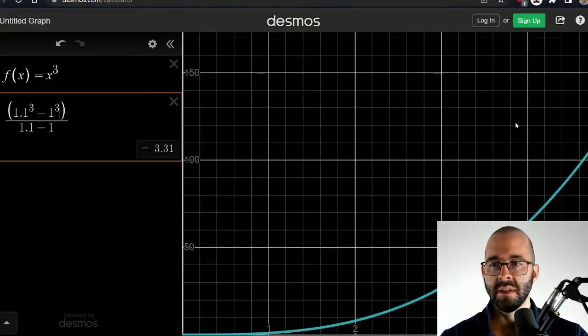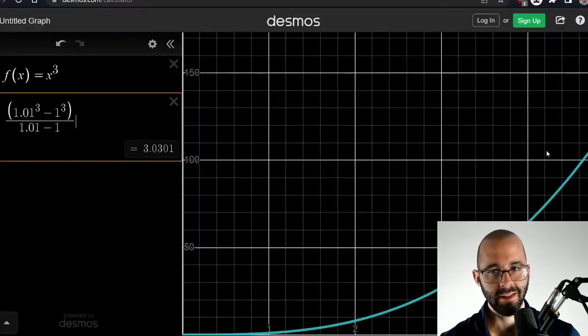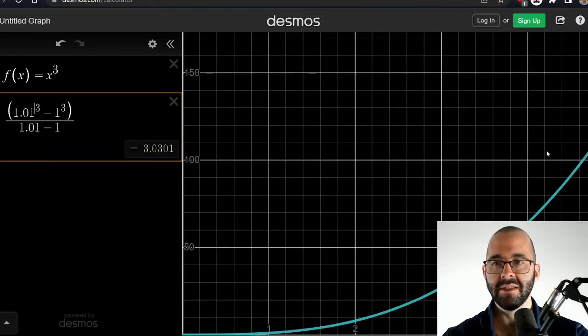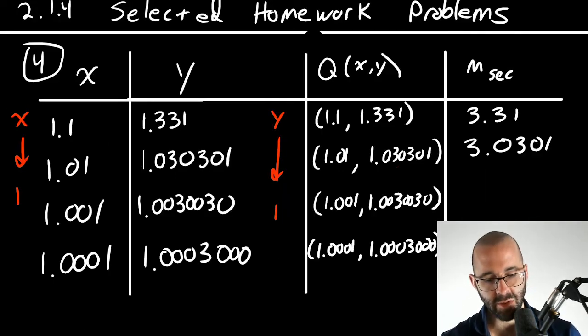The next one, we just add a 0 right here and right here. 3.0301. Look at the pattern. The next one, just add another 0. 3.003001.